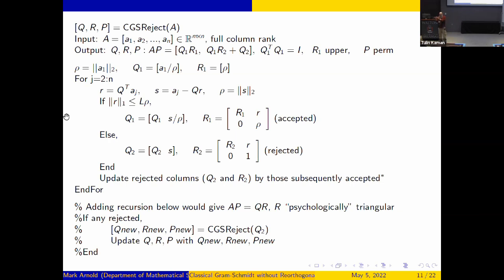And as this algorithm proceeds, it sweeps across the whole matrix, putting columns in either Q1, which is a collection of orthonormal columns, or Q2, a collection of rejected columns, right? So if I have a vector that was rejected and then later a vector that was accepted, that stored rejected vector never got orthogonalized against the later accepted vectors. And so this cleanup step is certainly necessary. And that's what I wanted to talk about in this slide here.